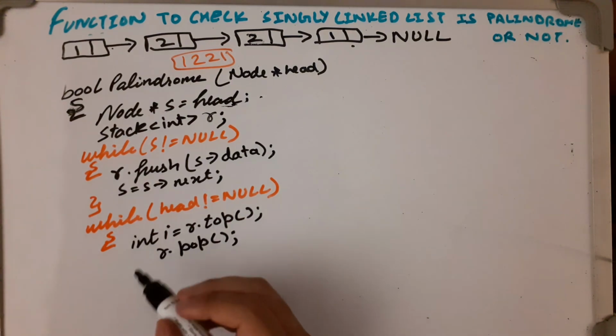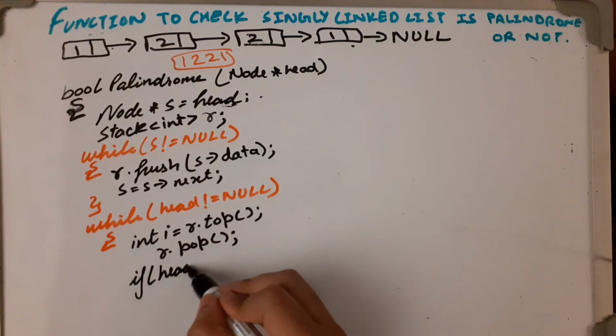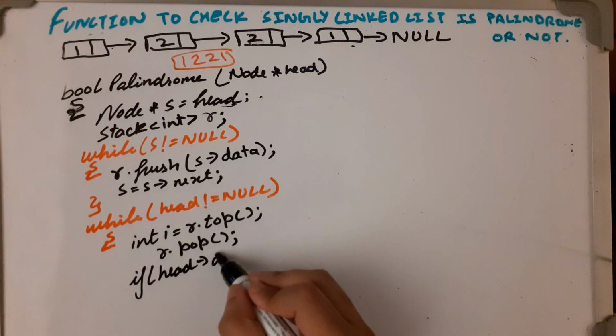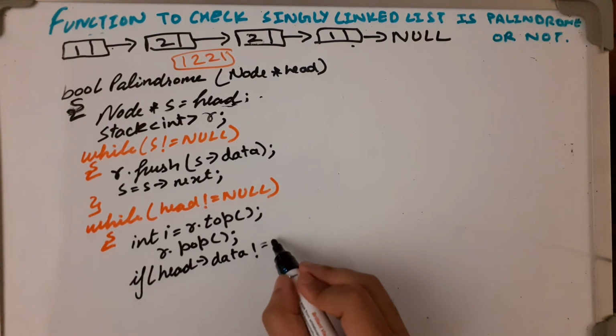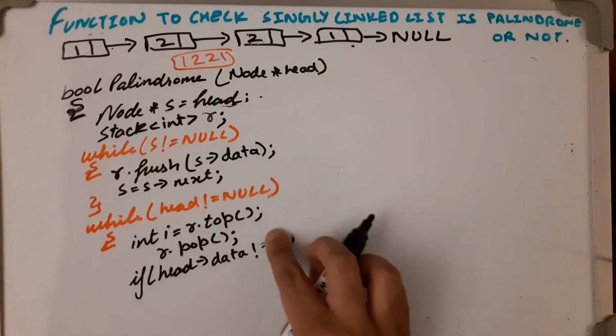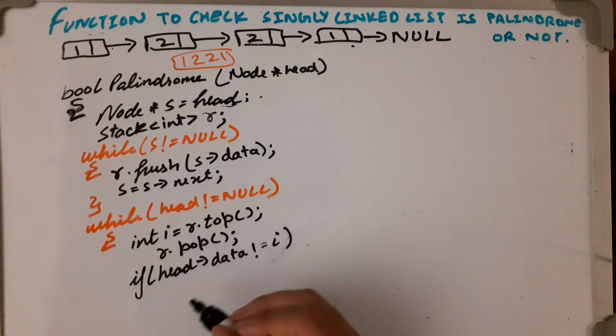Okay, if head of data not equals r's top, or you can say i, then it will return false.